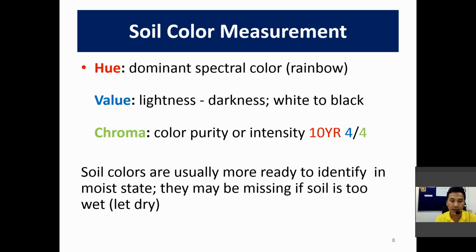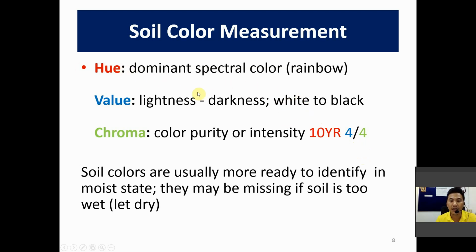There is a system showing the 3D combination of hue, value, and chroma. With this system, one can tell their own soil color code so that it's really specific, so you can investigate whether your soil color is the same or different from others, and you can use some information after knowing the soil color as well.